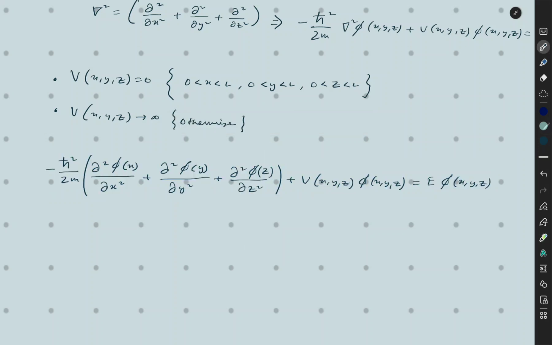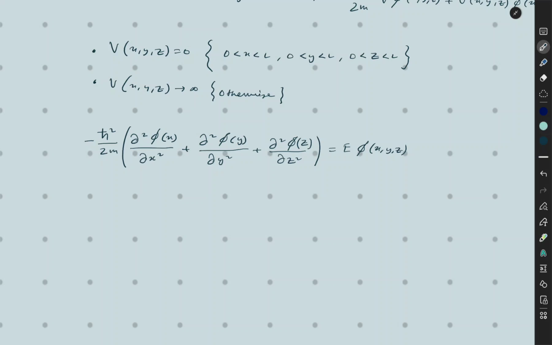So if our V is becoming 0, this part is now gone and the remaining is this one, just like our 1D case.